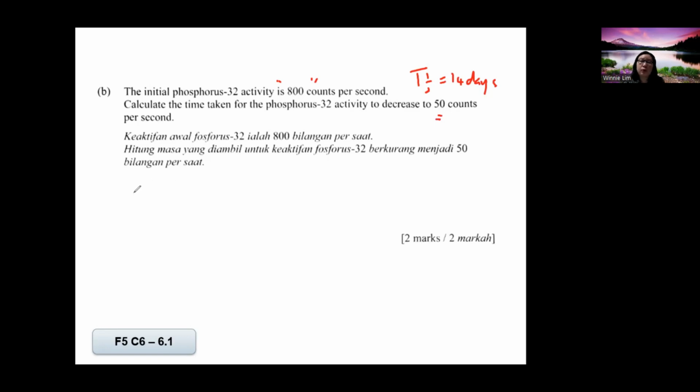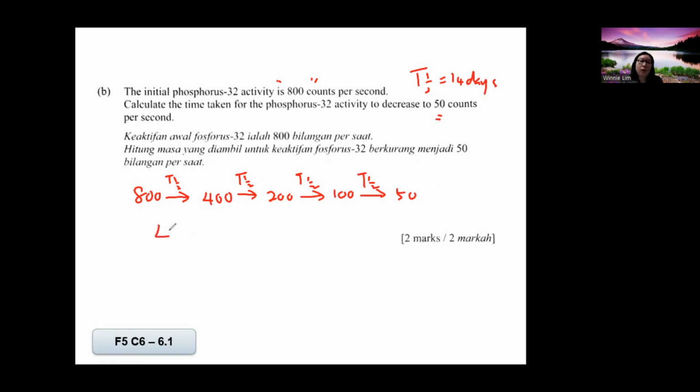You can do a simple idea like this, the arrowhead way. 800, half of it becomes 400. 400 becomes 200. 200 becomes 100. 100 becomes 50. So the number of half-lives, you count how many T half I drew on top of the arrows. You count the number of arrows, not the numbers.